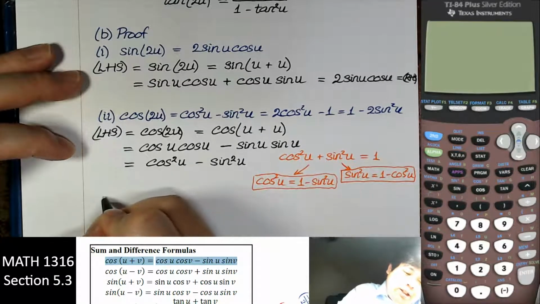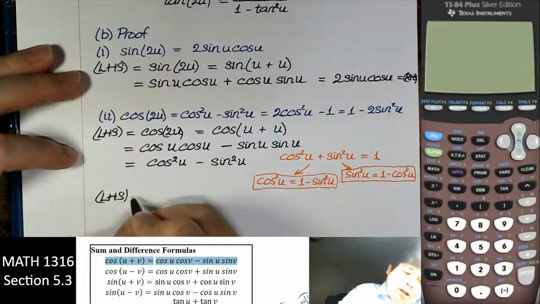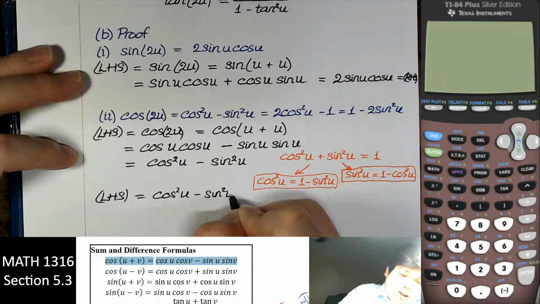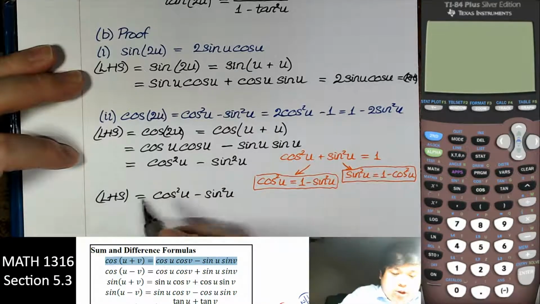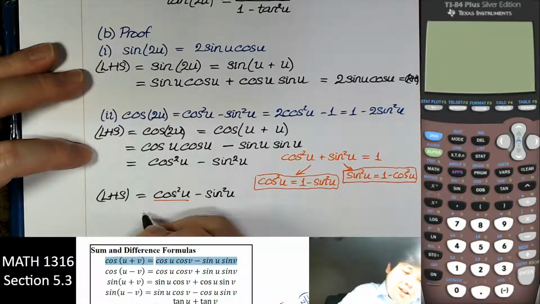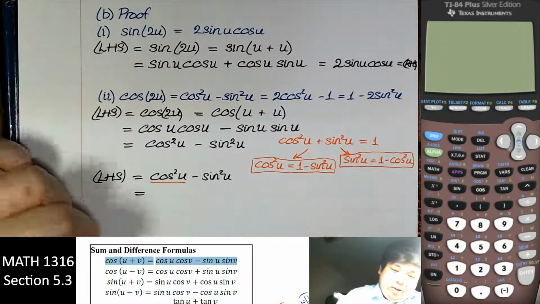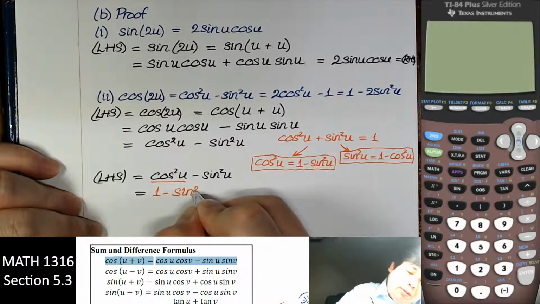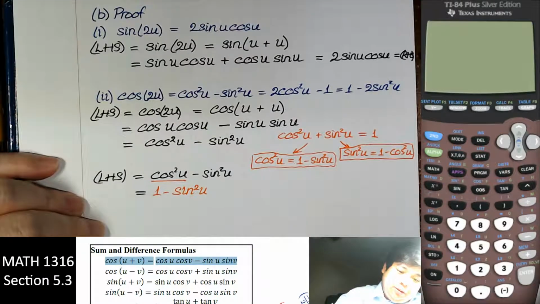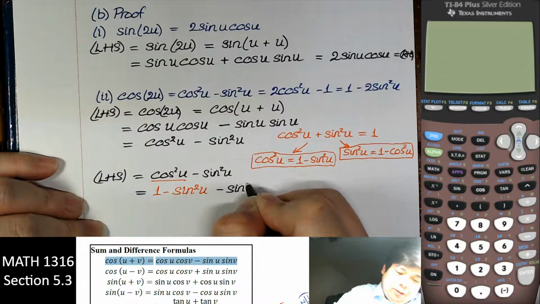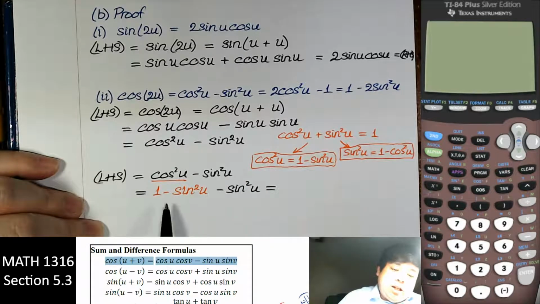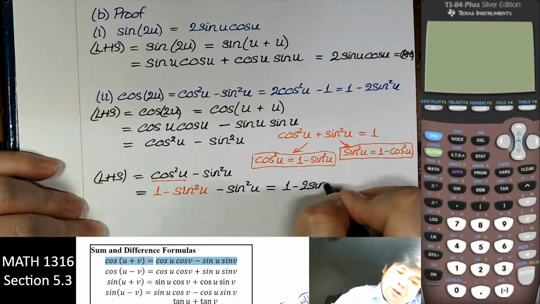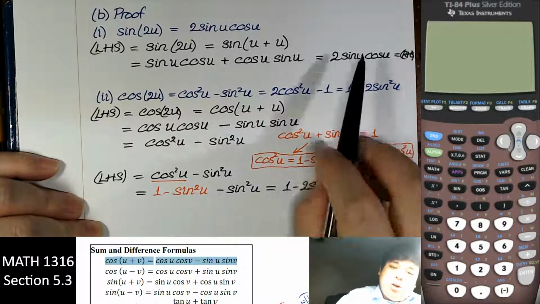Right. And I will just substitute in either this one or this one. So first, if we use this and we substitute into cosine square, we'll have cosine square is 1 minus sine square. And then we have 1 minus sine square minus sine square, so 1 minus 2 sine square of u, which is that.